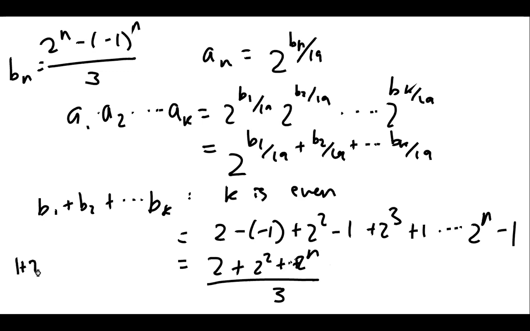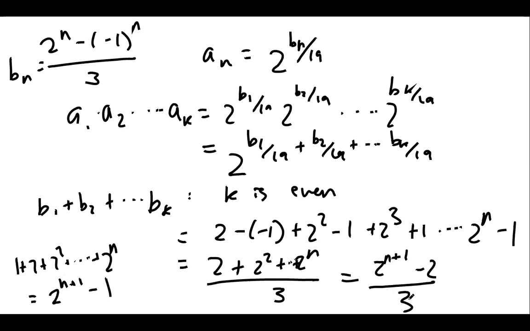And if you remember that 1 plus 2 plus 2 squared plus dot dot dot all the way to 2 to the n equals 2 to the n plus 1 minus 1, then we see here that we're just missing the 1, so we just subtract another 1 from this. So that's 2 to the k plus 1 minus 2, over 3. That's what the sum is if k happens to be even. If k is odd, however, it's a slightly different process.